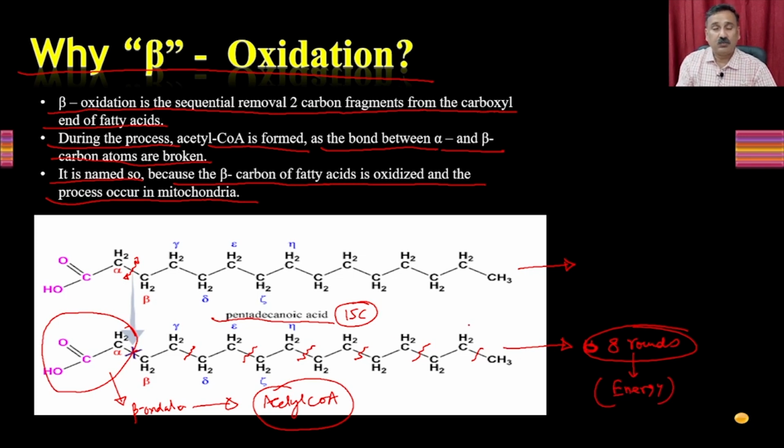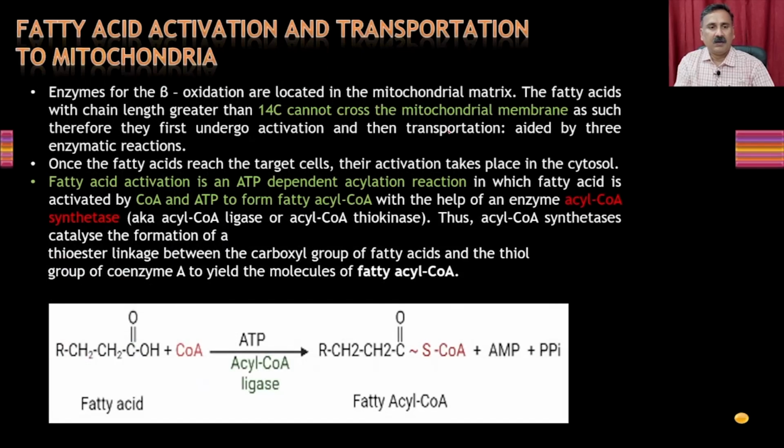One of the major crucial steps is that you take this degradation product, that fatty acid, and transport it into the mitochondria, because beta oxidation occurs inside the mitochondria. So the first step is fatty acid activation and transportation into the mitochondria.